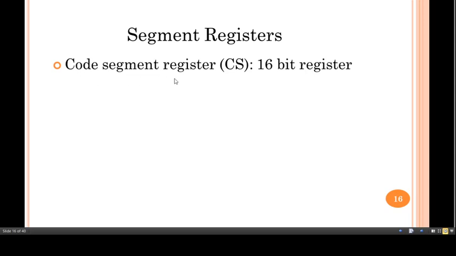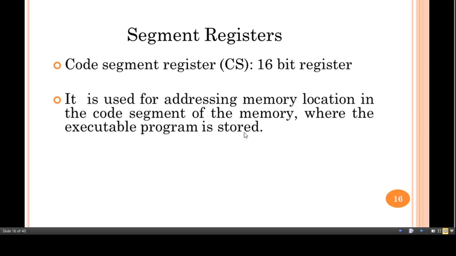First one is the code segment register. It is a 16 bit register. It is used for addressing memory locations in the code segment of the memory. Generally, the code segment of memory is used to store the executable program codes, and if some location from that code segment has to be indicated, then that location is indicated by this code segment register.